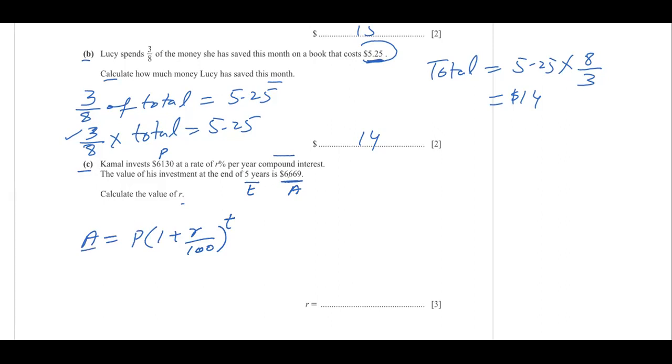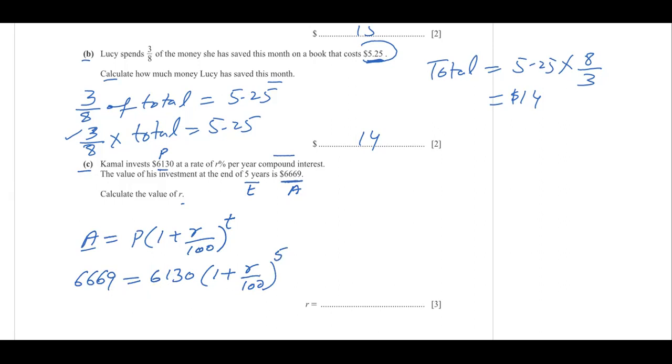Amount is 6,669. So write 6,669 equal to the principal is 6,130 into 1 plus R, the rate we don't know, over 100 to the power T. Time duration is 5 years here.